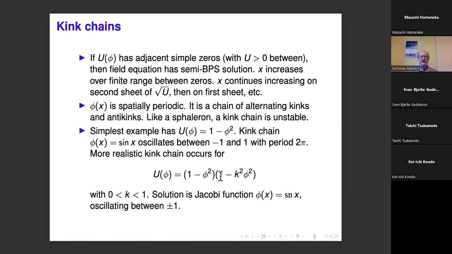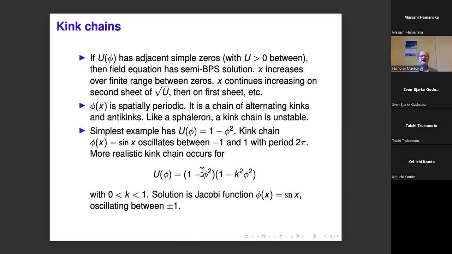More realistic is if you have a quartic function. And this now has 4 simple zeros, and so the integrals get more complicated. They are now elliptic integrals, and there is a solution, but it's an elliptic Jacobi function, Sn of x, which in some limit becomes the sine function. It still oscillates between plus or minus 1. I've put k here to be less than 1.